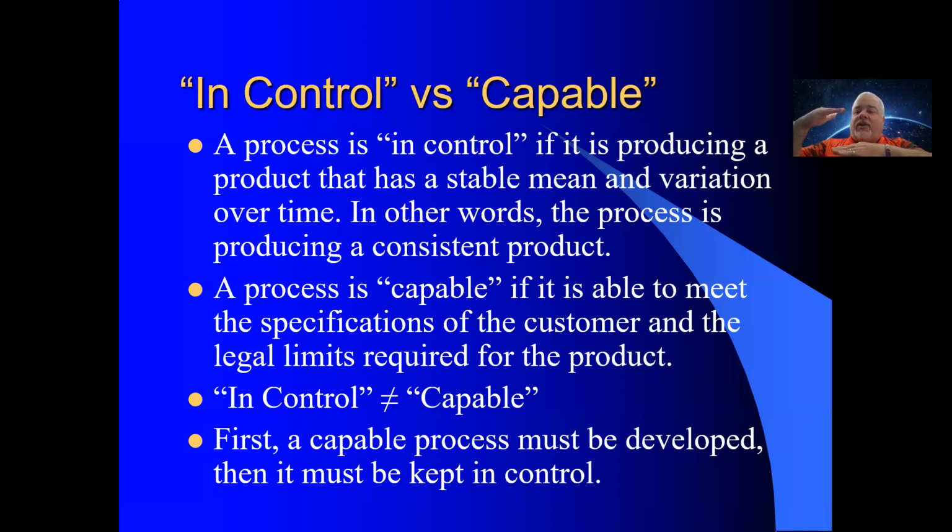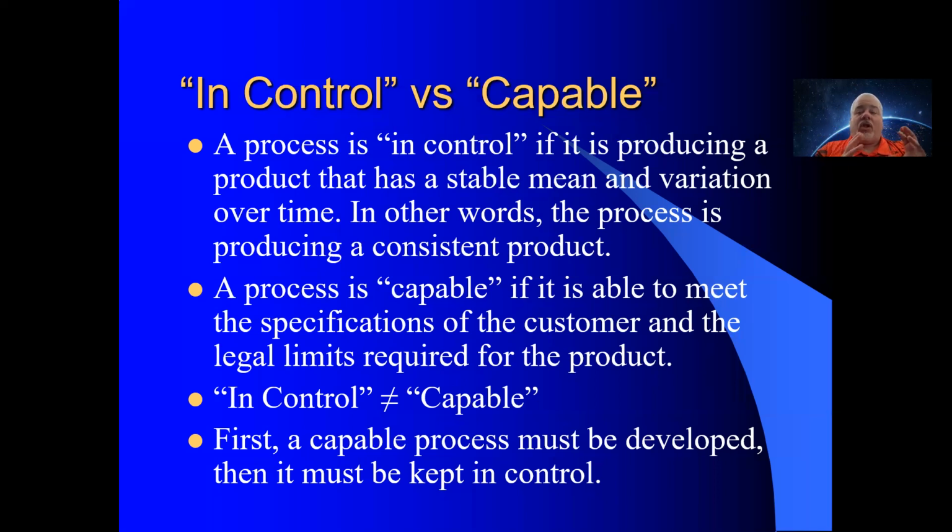The control limits are solely based on, is your machinery making a consistent product? And then it's up to you to decide if your machinery is capable of producing something that your customer wants, or if you need to upgrade your system to make it more capable.